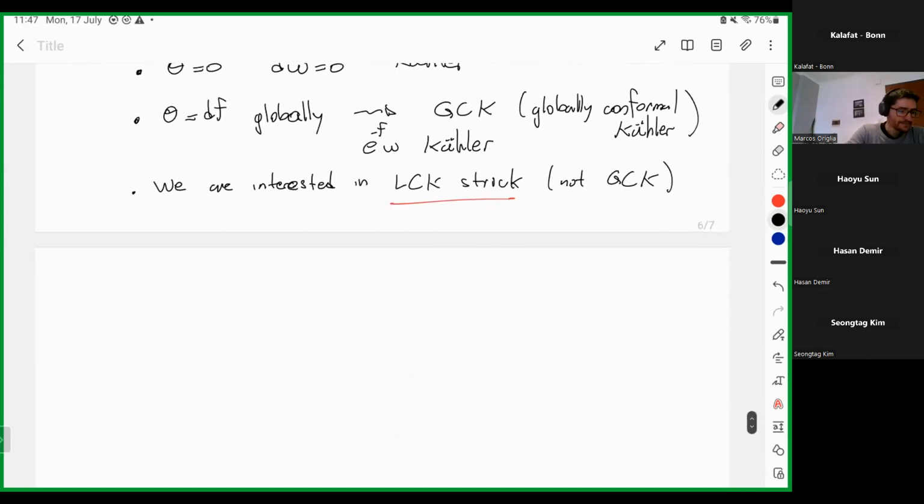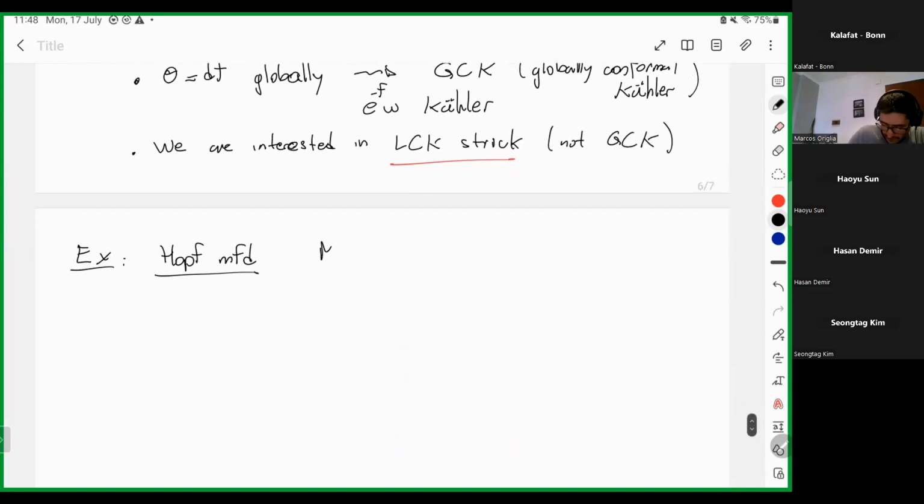So maybe let me just try to finish with an example, a non-trivial example: Hopf manifolds.